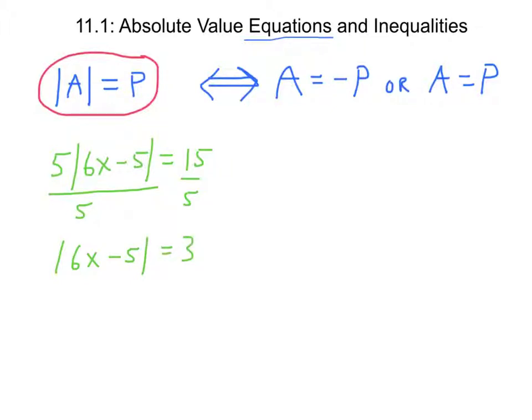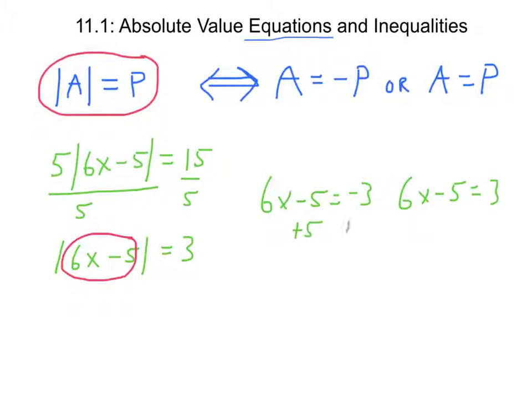Now that it's in that correct form, we take the expression that's inside the absolute value symbols, the 6x minus 5, and we set it equal to negative 3, and then again we write it and set it equal to positive 3. And we solve these separately.